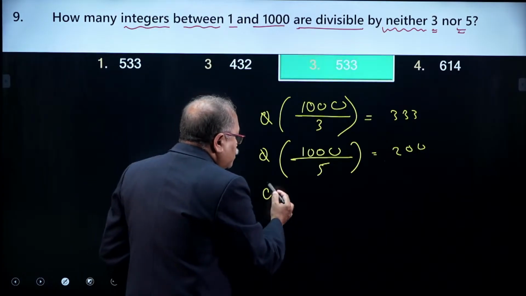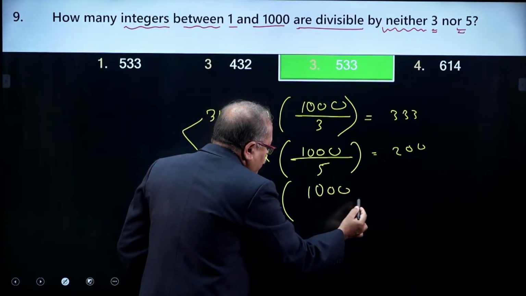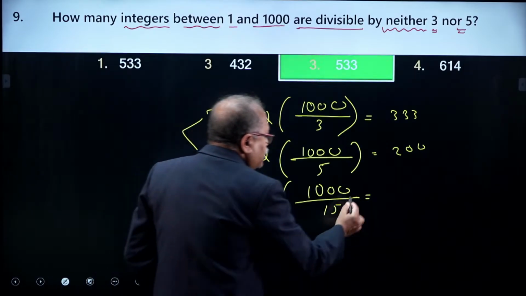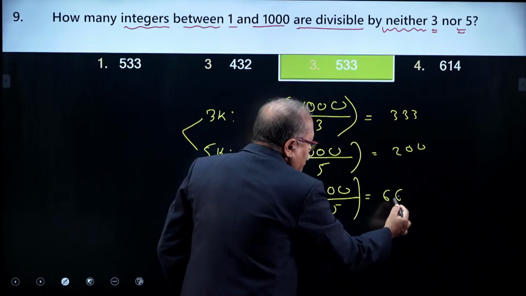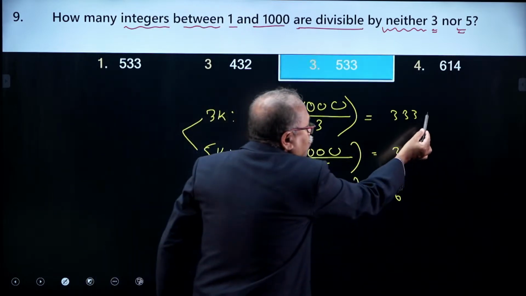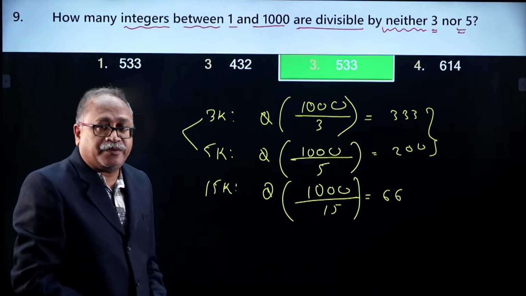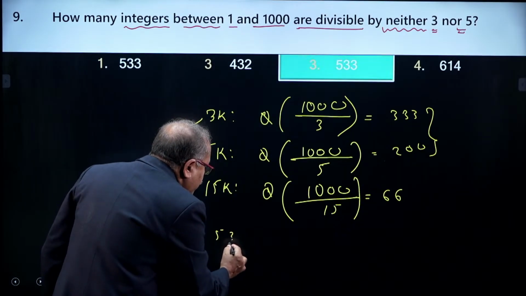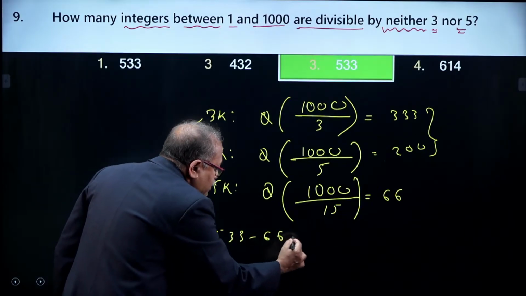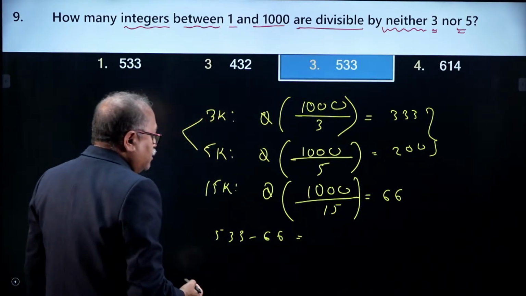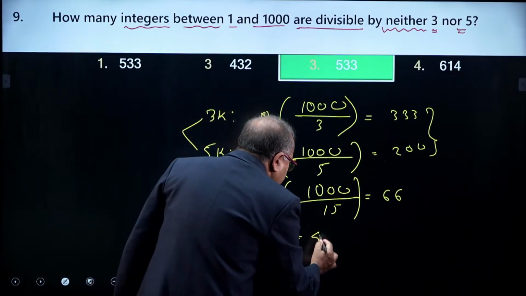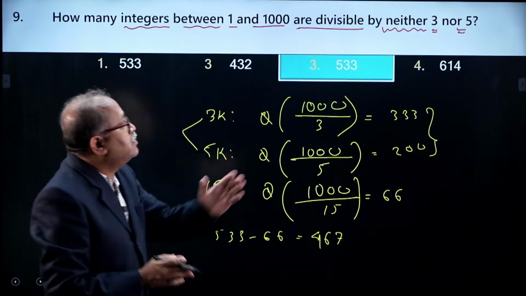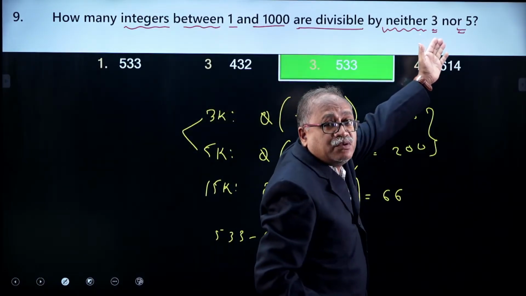I require the quotient when 1000 is divided by 15. 15 times 6 is 90, and 15 times 6 is 90, so in these two, 66 numbers are already counted. So, what I need to do is 533 minus 66, which gives 467. That means 467 numbers are divisible by 3 or 5.